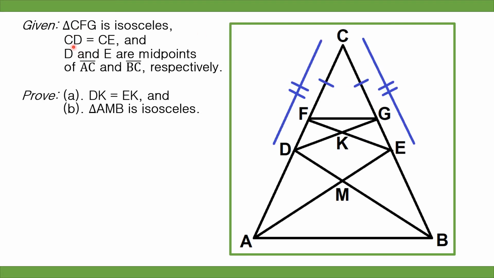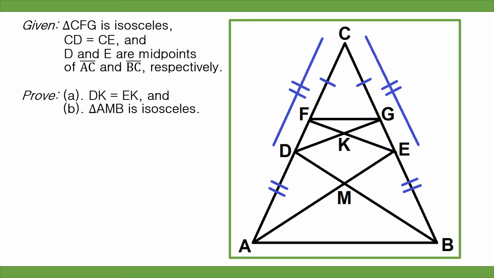We were also given that CD is equal to CE. And we were also given that D and E are midpoints of AC and BC respectively. So it means that CD must be equal to DA and CE must be equal to EB.